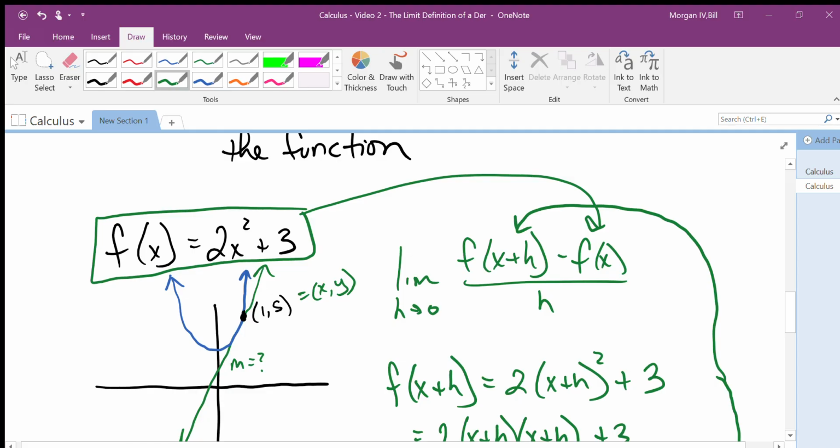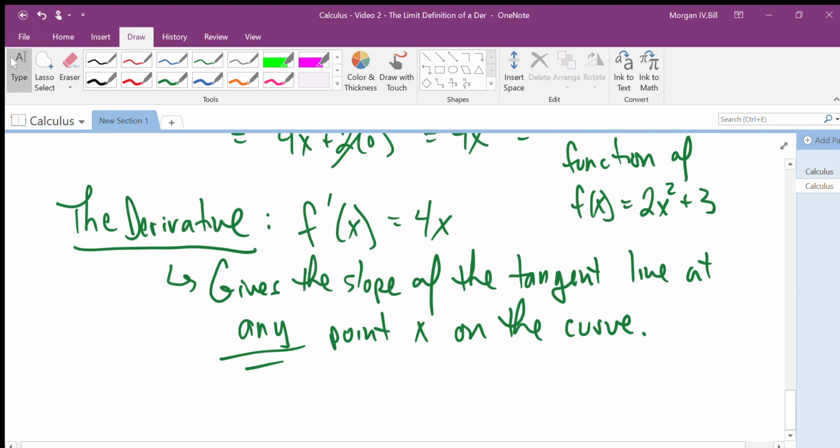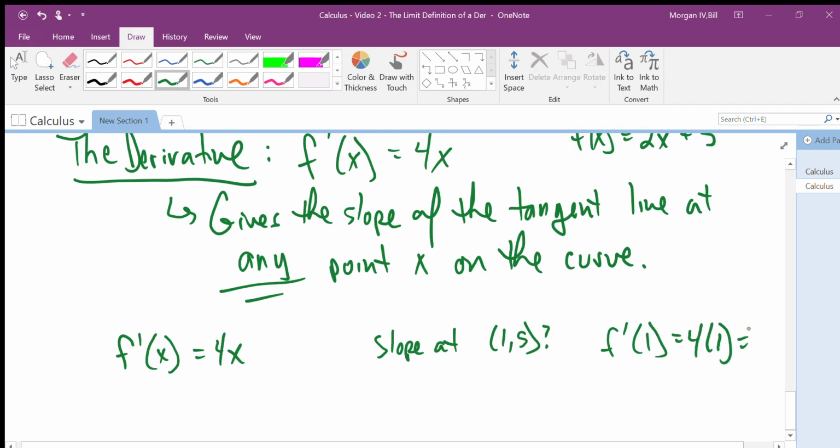So to find what is the slope of the tangent line at that point 1, 5, we come down here to our derivative function, f prime of x is equal to 4x, and we plug in the value of x at the point that we want the slope. So if I want the slope at 1, 5, I would use an x value of 1, and I'd say f prime of 1, that's 4 times 1, that's 4.